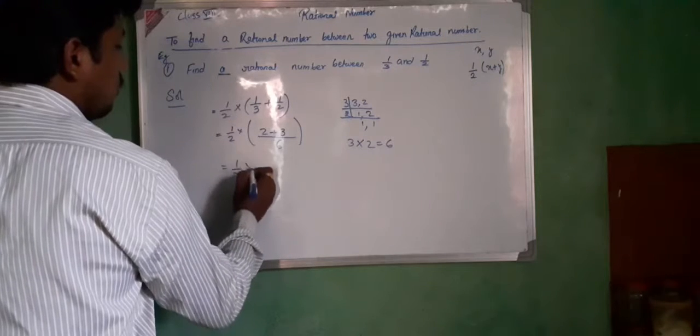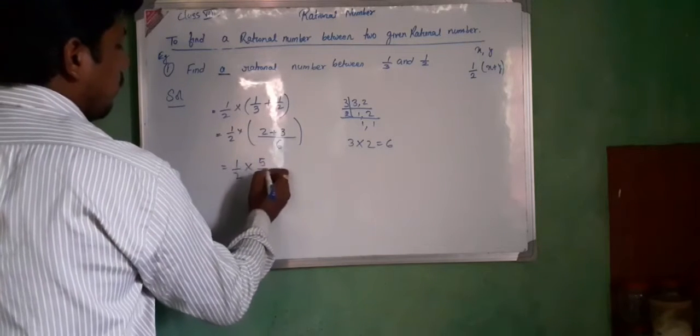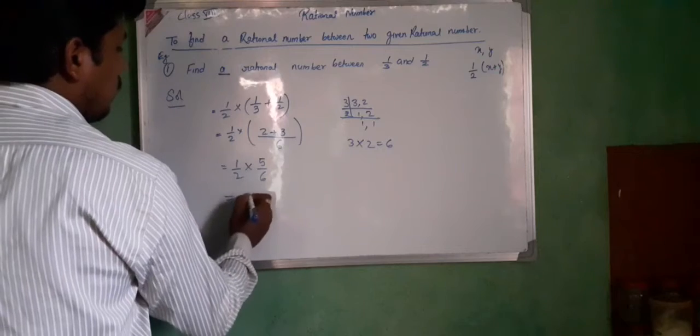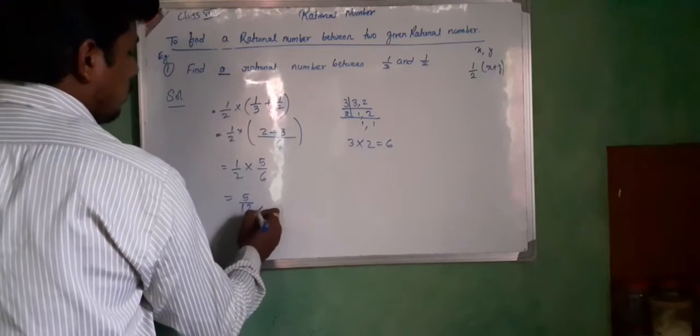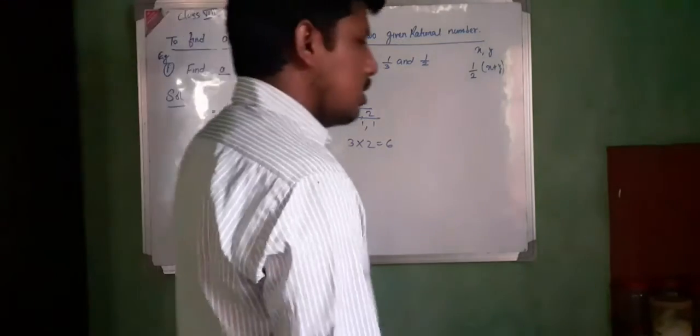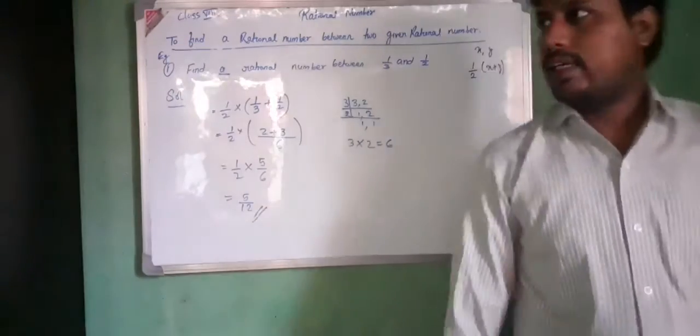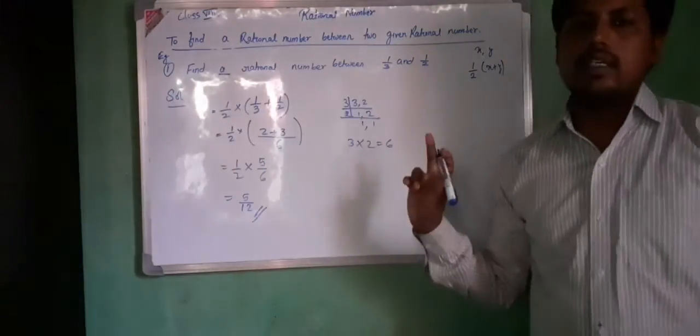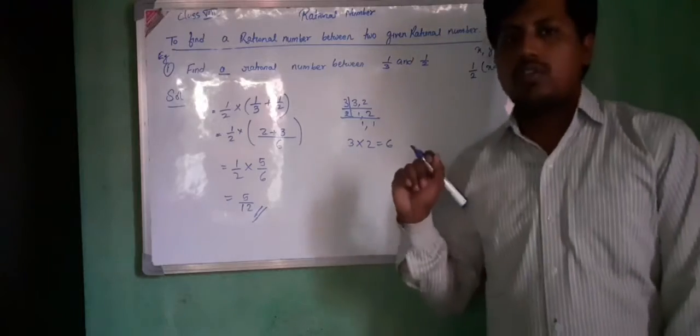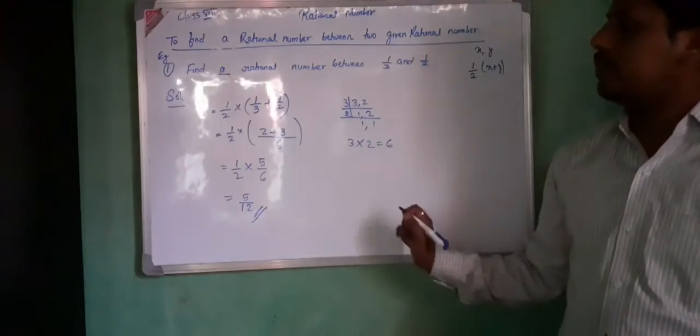So 1/2 into (2 plus 3)/6, that is 5/6, and 1/2 into 5/6 is 5/12. This is how we can get a rational number present between 1/3 and 1/2.